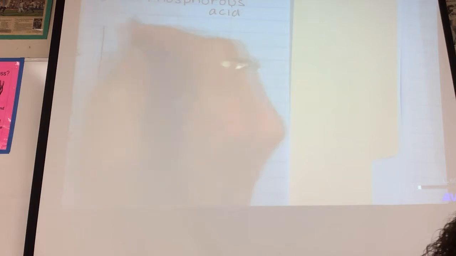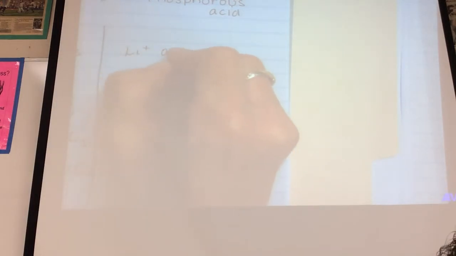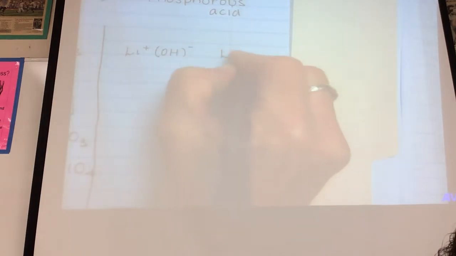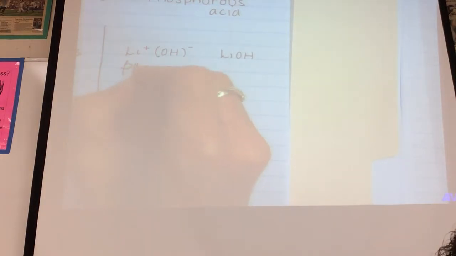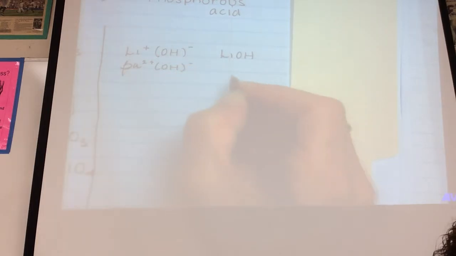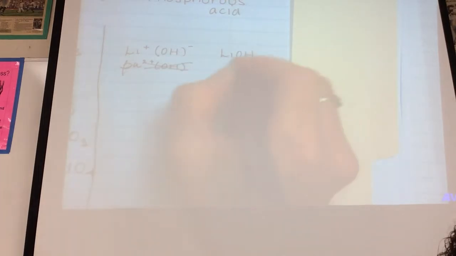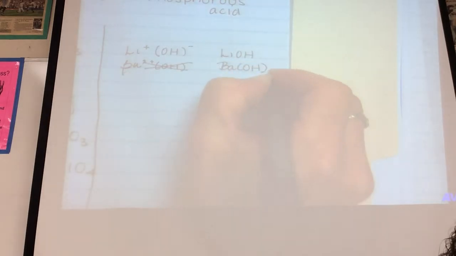You've got lithium hydroxide, lithium group 1, hydroxide put in parentheses, 1 minus, lithium hydroxide. The next one is barium hydroxide, and the only thing I want to remind you of is if the number after the parentheses is not 1, you must keep those parentheses. That's the most common mistake that kids make.